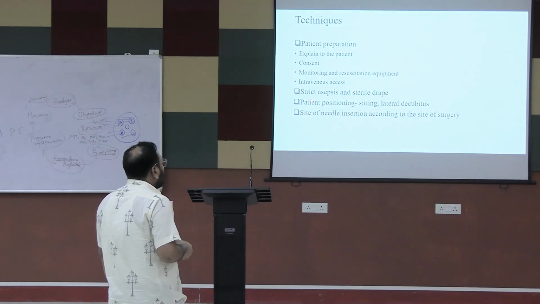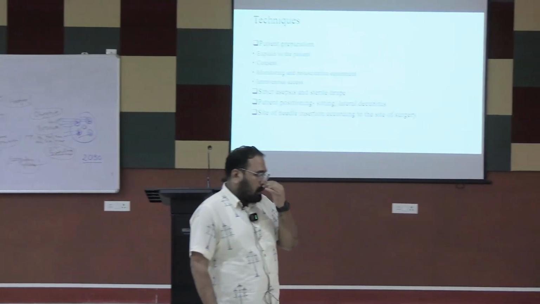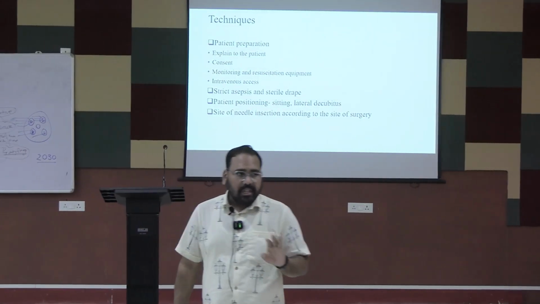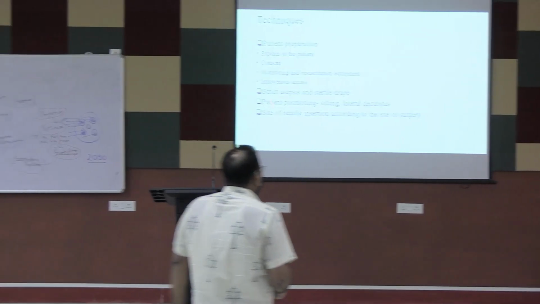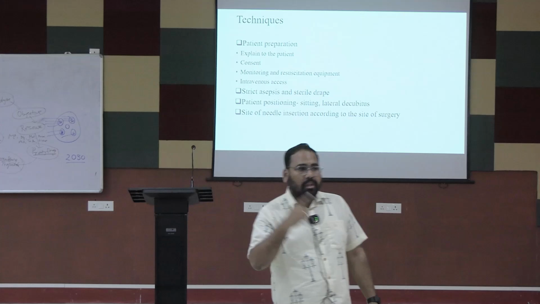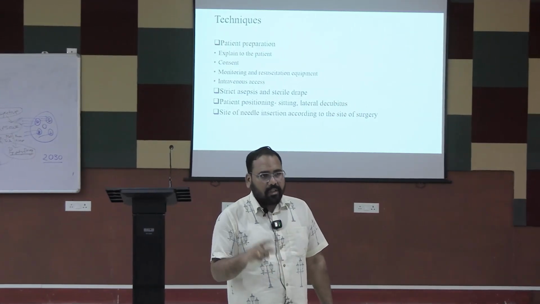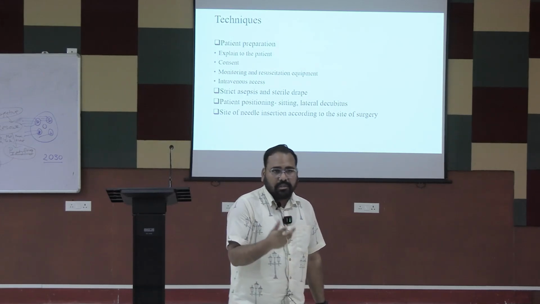Then you need to position the patient, like you'll choose whether you'll do the procedure by making the patient sitting or in lateral decubitus position. After that, we'll do the strict asepsis and sterile drape. Like you have seen, when we give anesthesia, I mean spinal anesthesia, we clean that area with betadine and spirit.